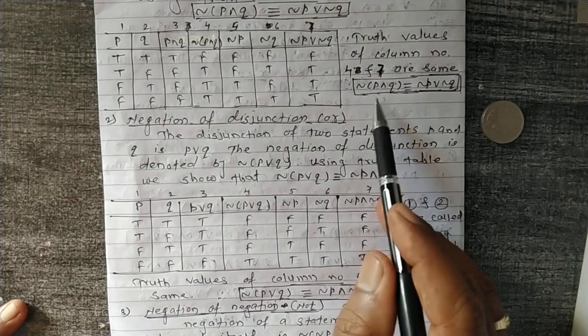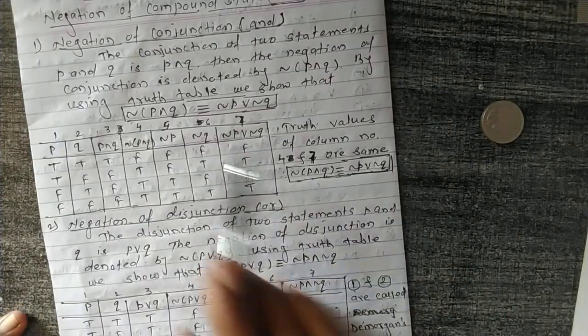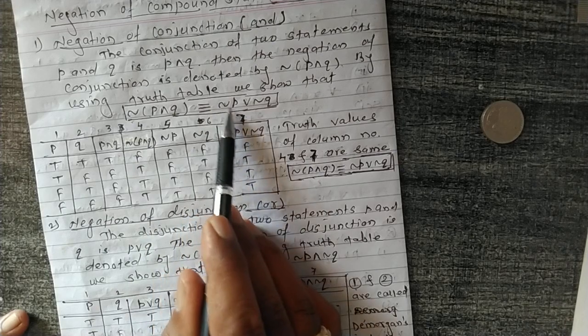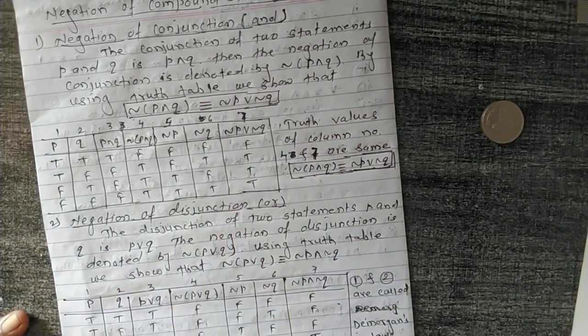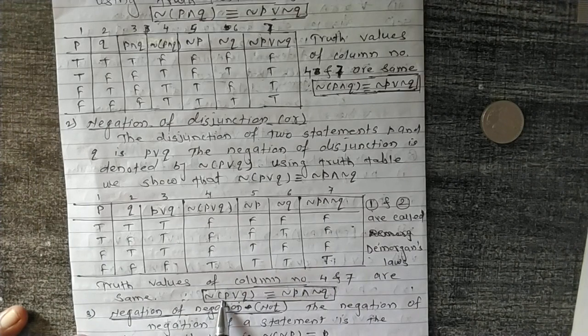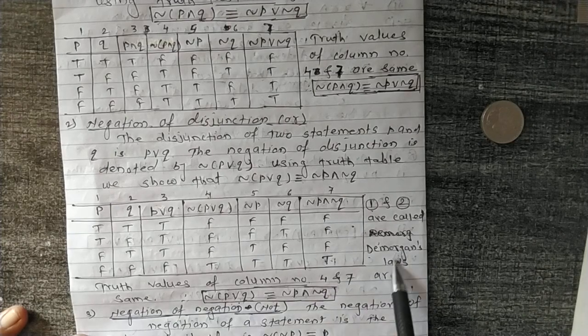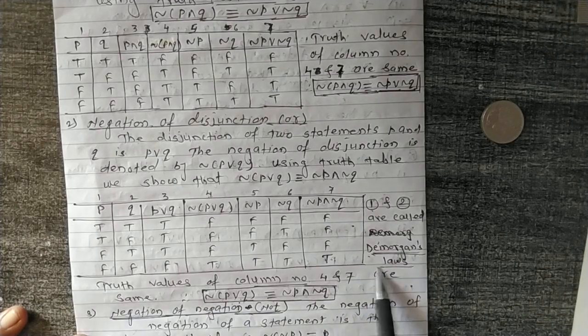Now these two rules, ¬(P ∧ Q) equivalent to ¬P ∨ ¬Q, and ¬(P ∨ Q) equivalent to ¬P ∧ ¬Q, are called De Morgan's laws.